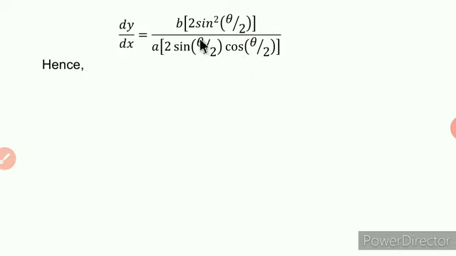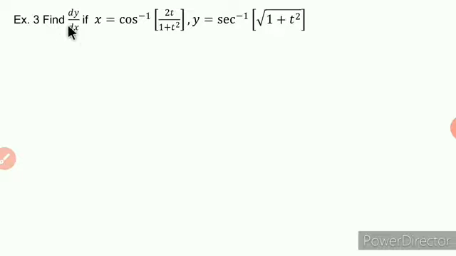Hence, we observe the 2 gets cancelled and one sin theta by 2 gets cancelled in numerator with denominator. So we remain with dy by dx is equal to b upon a into sin theta by 2 upon cos theta by 2, which means tan theta by 2. This is the required value for dy by dx in this example.